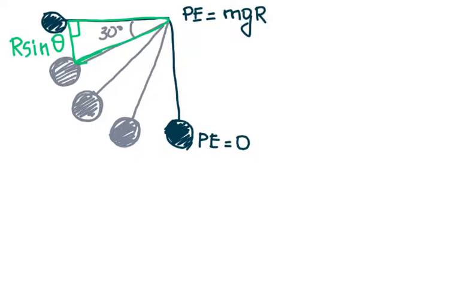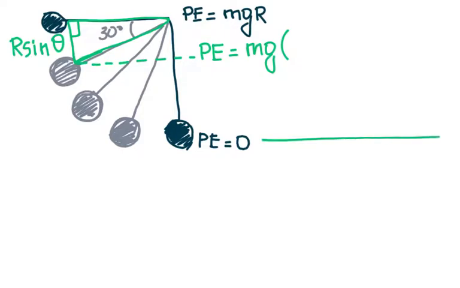And at this point, your potential energy is equal to mg, and the height above the ground, or above the point where we say potential energy is 0, is r minus r sine theta.